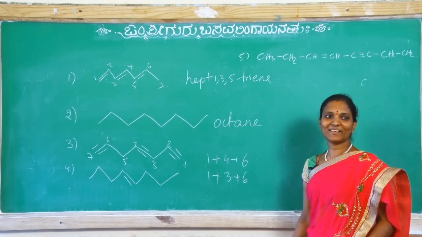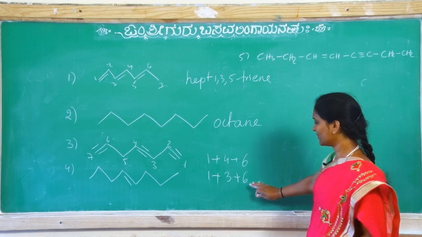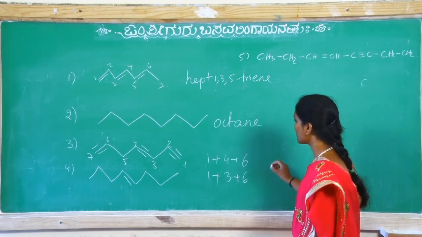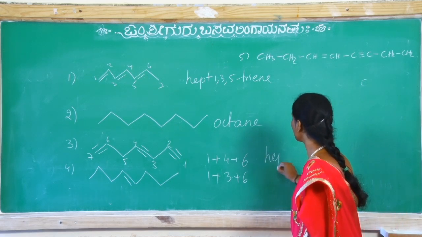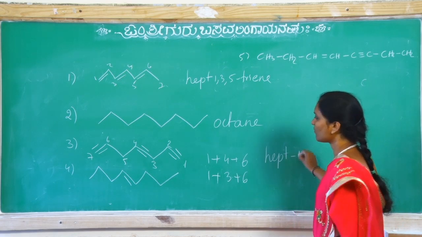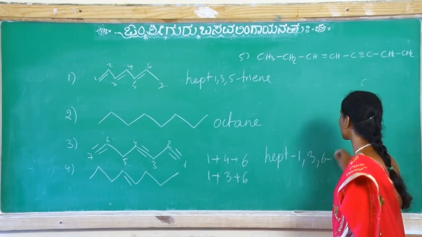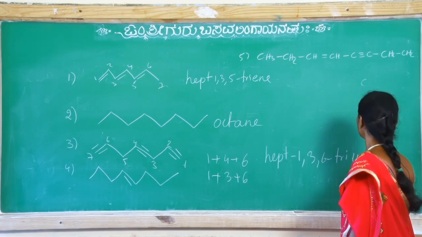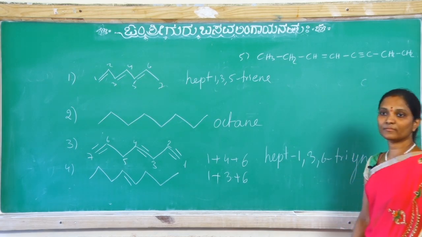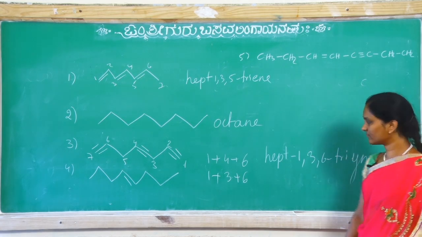Okay. The least sum, this 1, 3, 6. So now name hept 1, 3, 6. Try I.